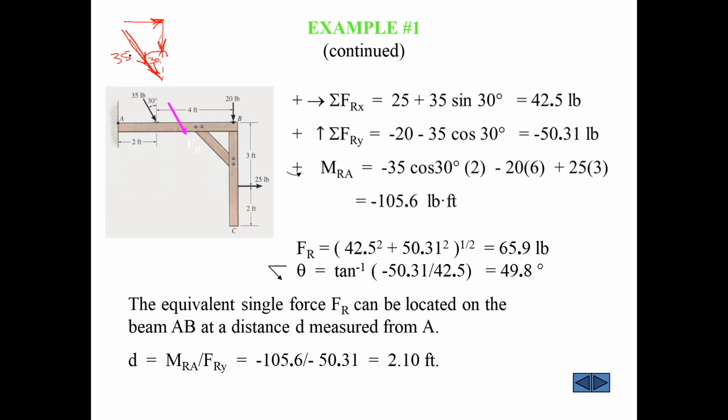The force that we are interested in is the component here. If you look at the angle is pointing towards that direction, so it means that is a 35 sine 30, and it is positive. So therefore it is 25 plus 35 sine 30. Those are the only two components that we have for the horizontal.